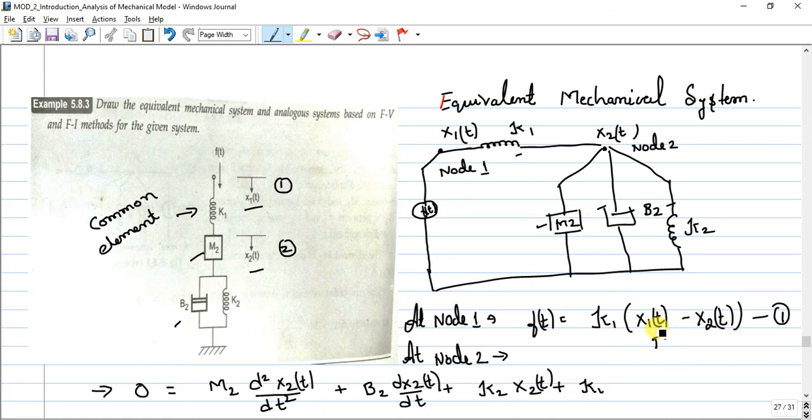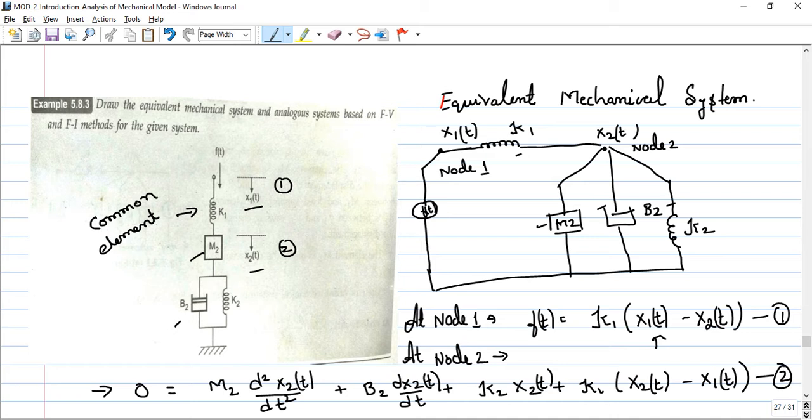When I consider k1 at node 2, k1 acting as a common element with respect to displacement x2 of t, my equation will be reduced to k1 times x2 of t minus x1 of t. So this will be my equation number 2 when I consider the differential equation.